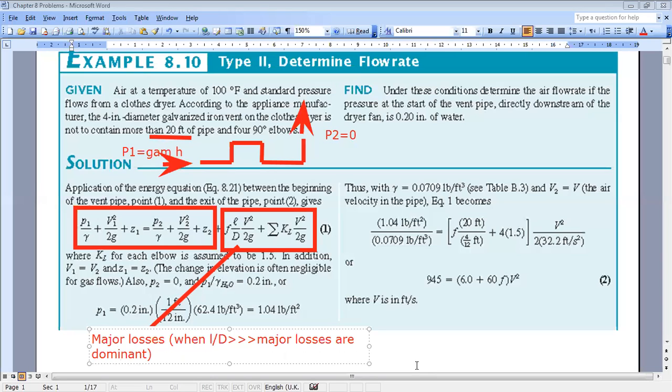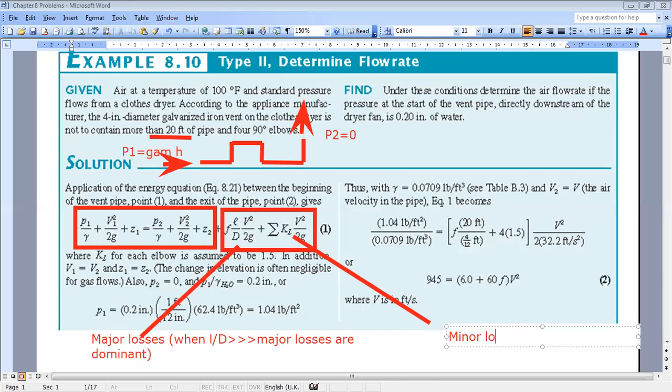And I will show you a table. You have a table for different types of accessories that will give you minor losses, and for each accessory, they will give you the corresponding loss coefficient Km, okay? So the other term here represents minor losses.